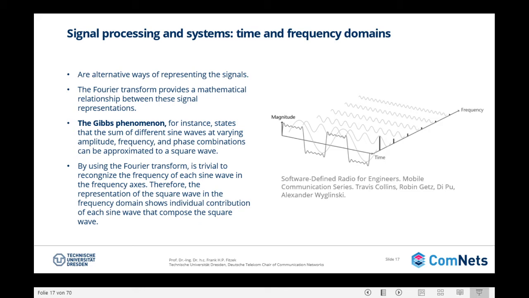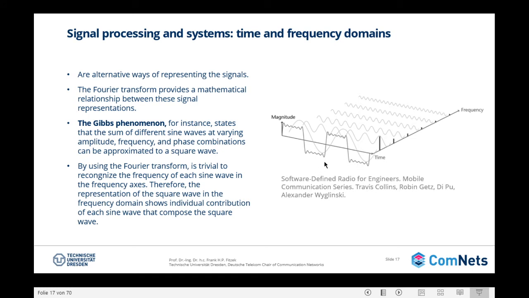There are two main domains of representation of a signal when it's propagating in a medium: the time and the frequency domains. As we can see in the picture right here, the time and the frequency domains are perpendicular.